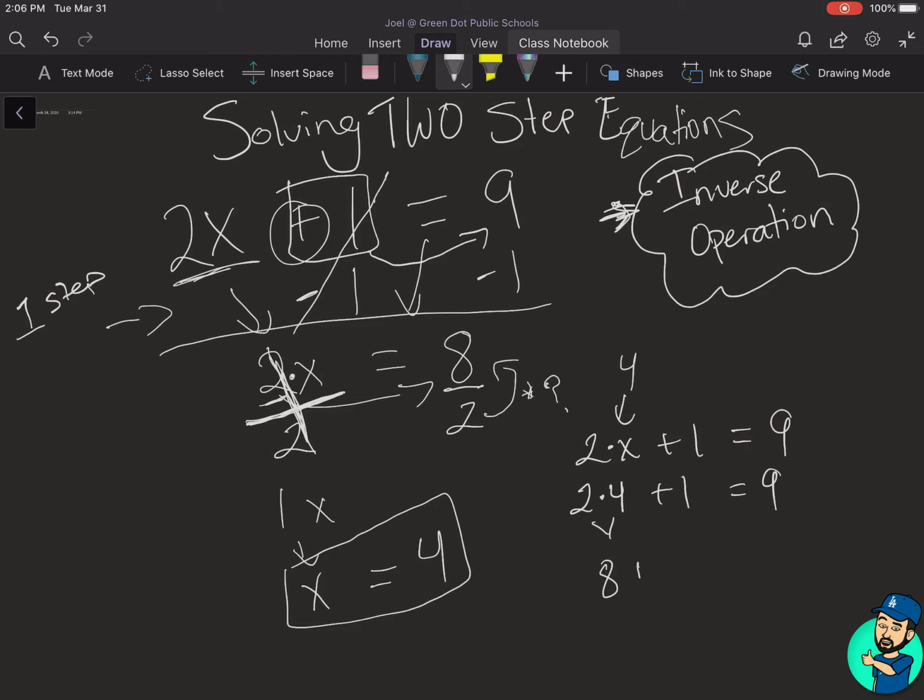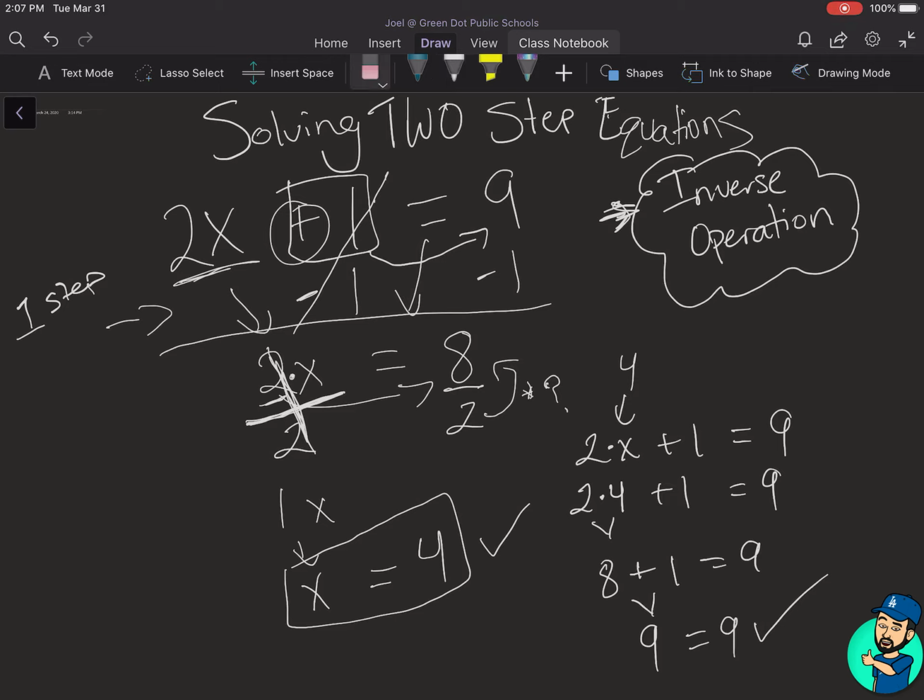And you bring down the plus and the 1. And 8 plus 1 is 9. And does 9 equal 9? Yes. So for sure, we know the answer is x equals 4.